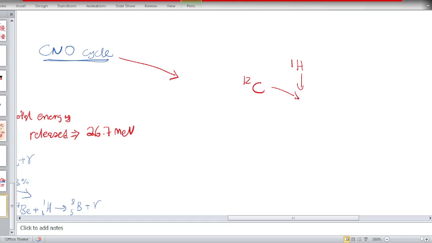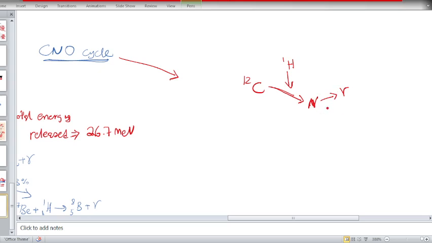You can check some figures to understand it easily; I didn't include a figure here. So this carbon 12 interacts with one proton and produces nitrogen and gamma radiation.